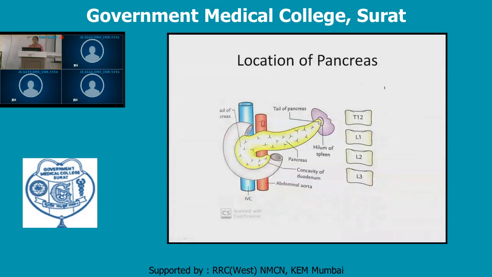This is the tail, which lies in the lienorenal ligament and is related to the splenic vessels at the hilum of the spleen.